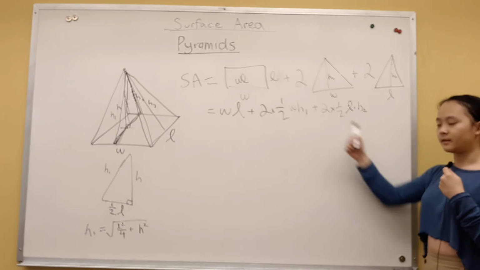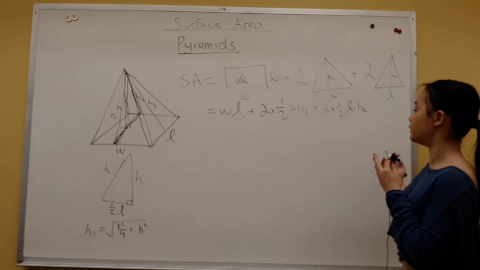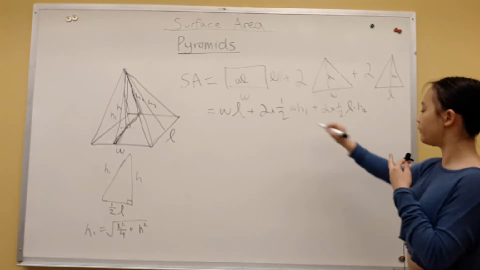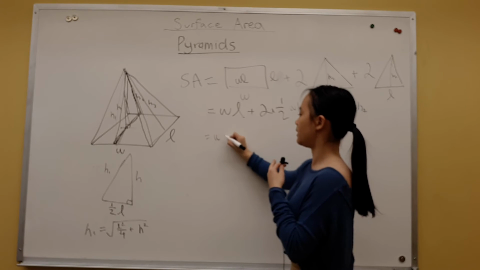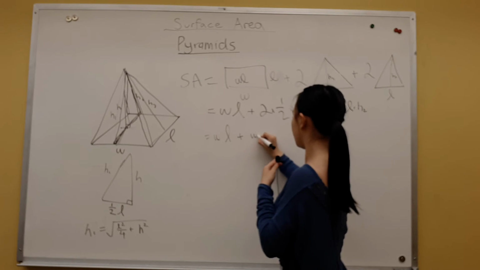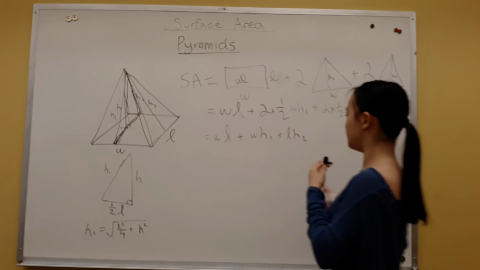And we have a 2 since they're corresponding, there are 2 triangles for each shape. If we summarize this even further, the 2 and 1/2 cancel out, and it equals WL plus W h1 plus L h2.